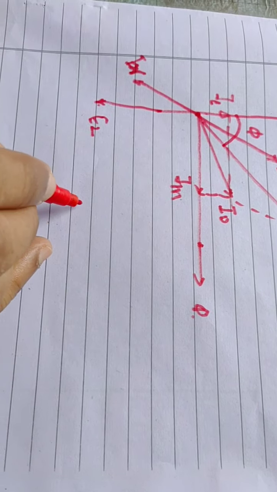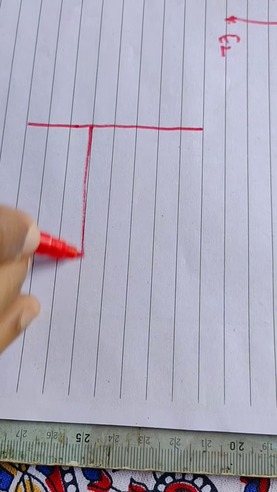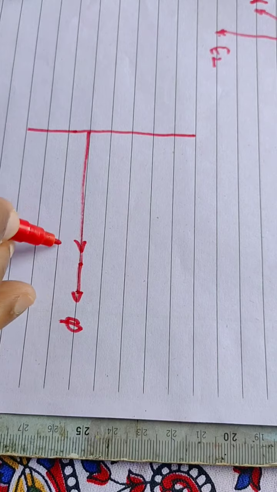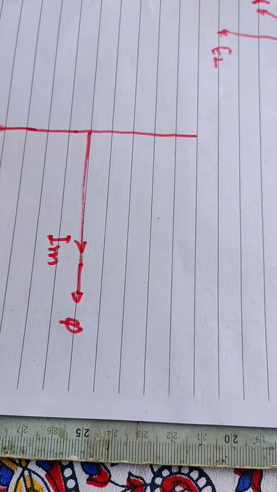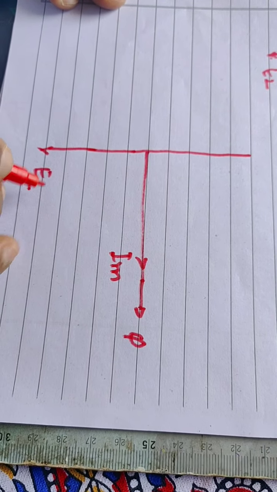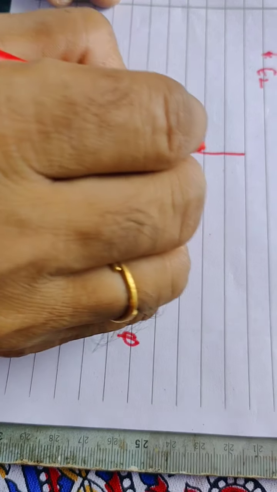So after neglecting loss component and leakage reactance, this is phi, this is Im, nothing but I0, then phi is linked by rotor, E2. IR is in phase with this.